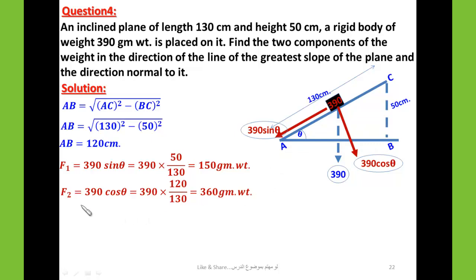Again, F2 equals 390 cosine theta, which equals 390 multiplied by 120 over 130, because cosine theta equals the length of the adjacent AB, which equals 120 centimeters, over the length of hypotenuse AC, which equals 130 centimeters, and the result is F2 equals 360.